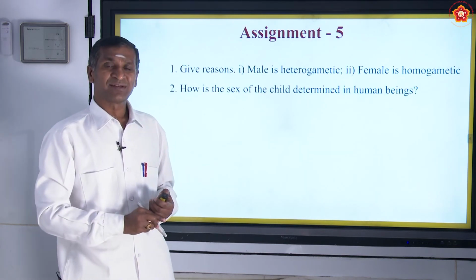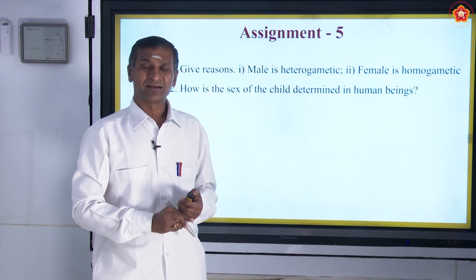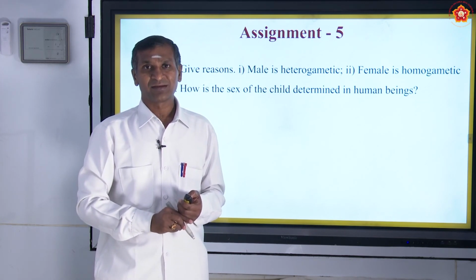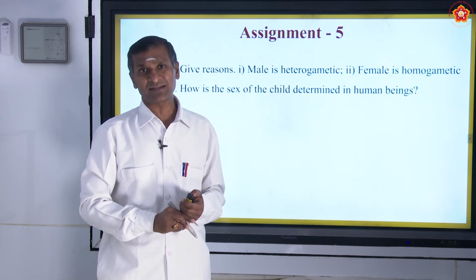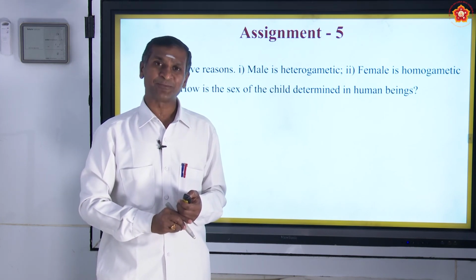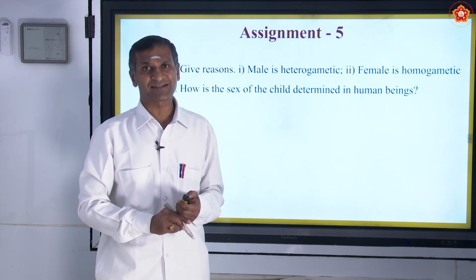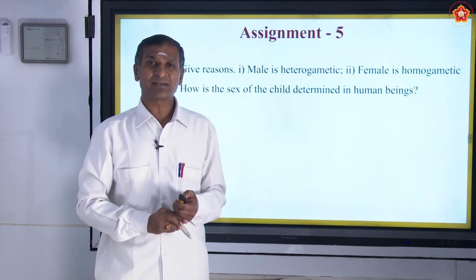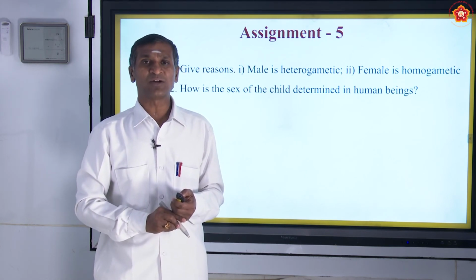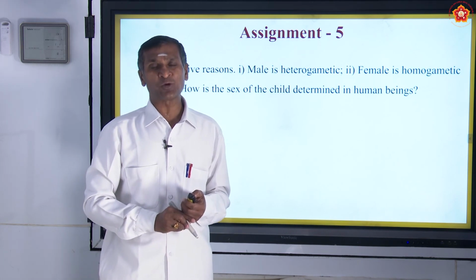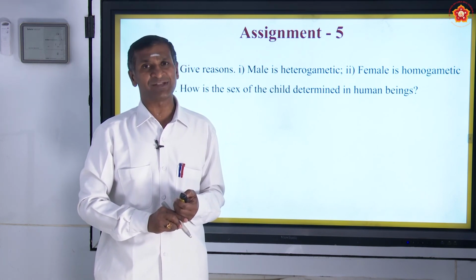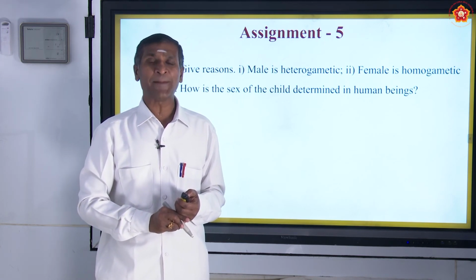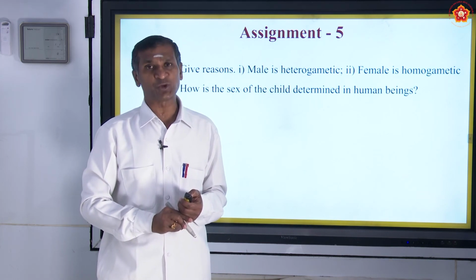Dear students, in today's class, under the chapter Heredity and Evolution, we understood to the 10th class level the part 5, determination of sex or sex determination, where we understood that there is a specific and also restricted number of chromosomes in plants as well as in animals, and in human beings the sex chromosomes are only one pair and the autosomes are 22 pairs.